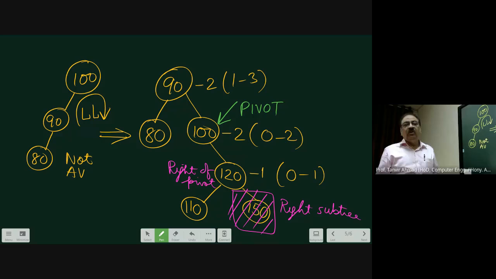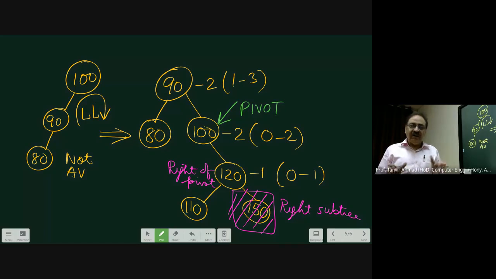Now, this is also right of pivot, but 110 is in the left subtree and not the right subtree of 120. Therefore, this rotation will not be an RR rotation.